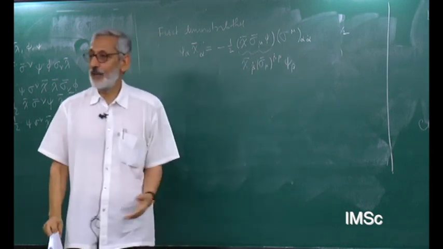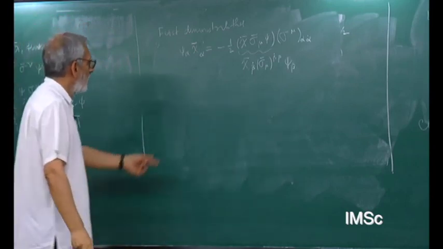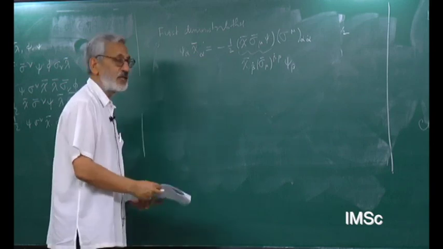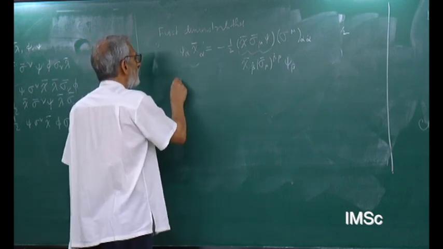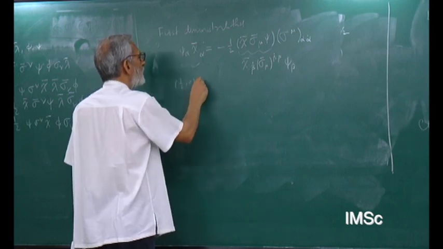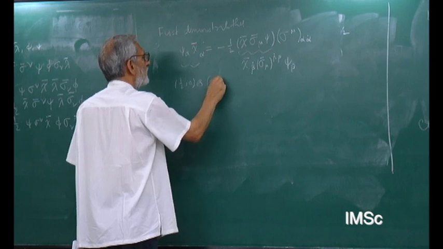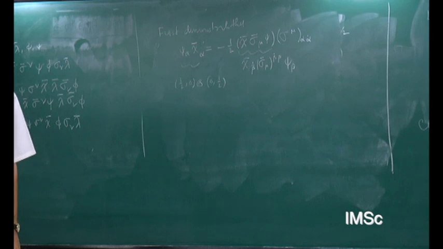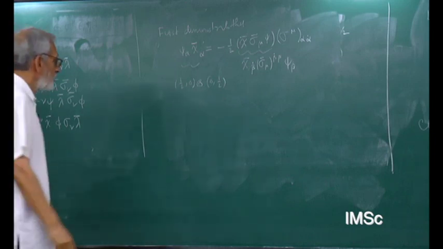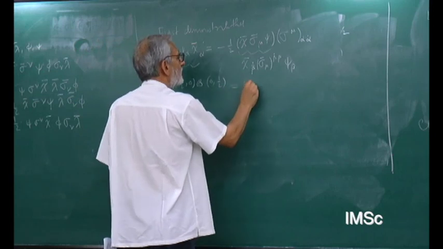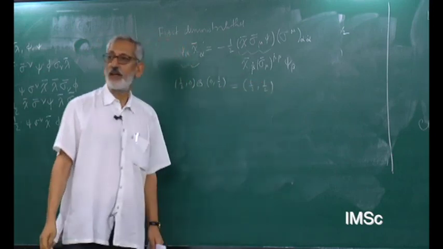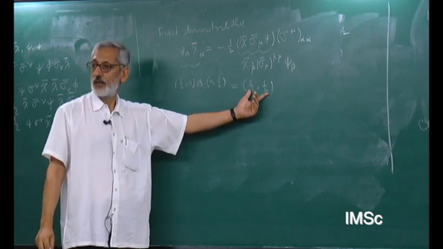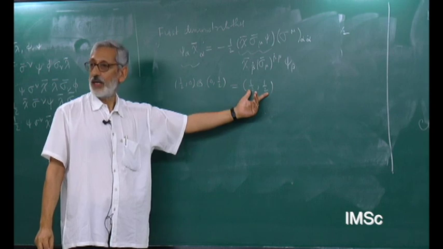And this is not a difficult thing to prove. Why? This is half zero representation. This is zero half representation. So this combination, this one is half zero representation and this one is zero half representation under Lorentz group. So this product transforms as a vector under the Lorentz group, right?